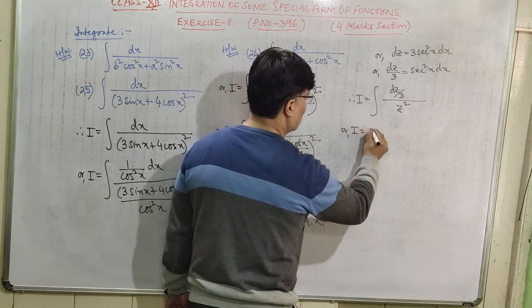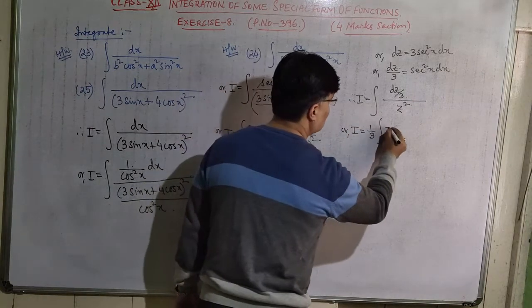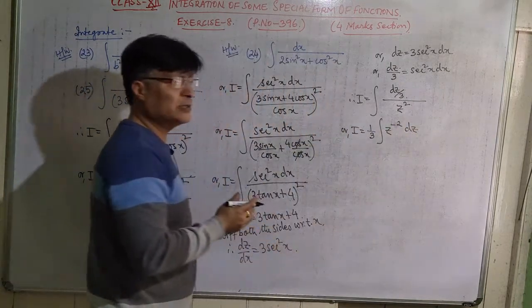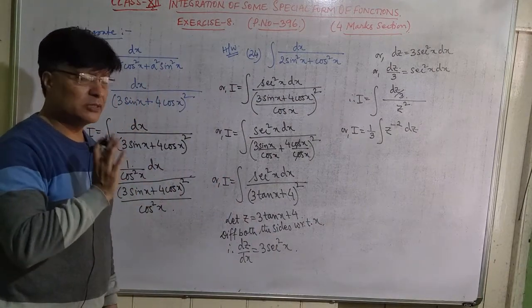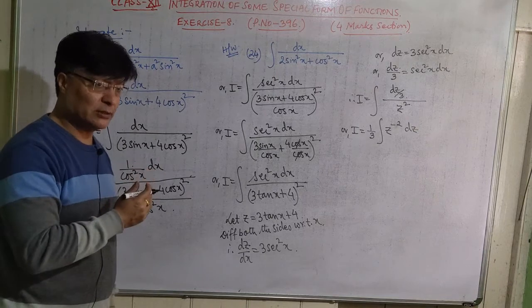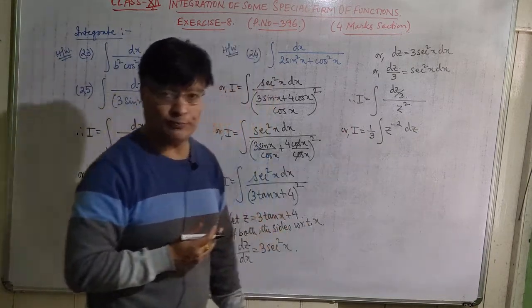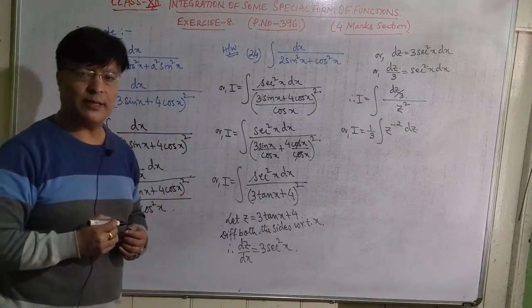Or I is equal to 1 upon 3 integration of z to the power minus 2 dz. That is, z square is taken to the numerator and it becomes z to the power minus 2.